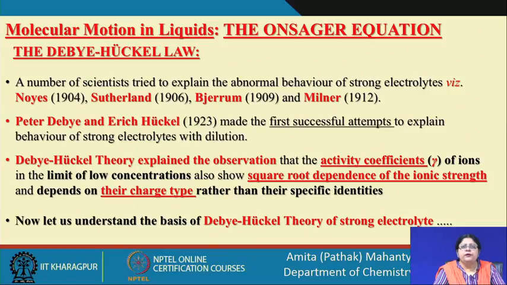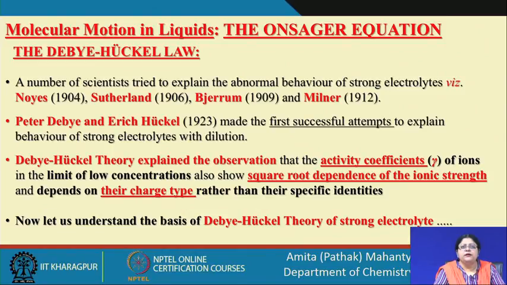The explanation given by the Debye-Huckel theory is that the activity coefficient of ions in solution, the electrolytes, in the limit of low concentration also showed a square root dependence on their ionic strength. And they also found that it depended on the type of charge involved, not the specific identity of the ion.